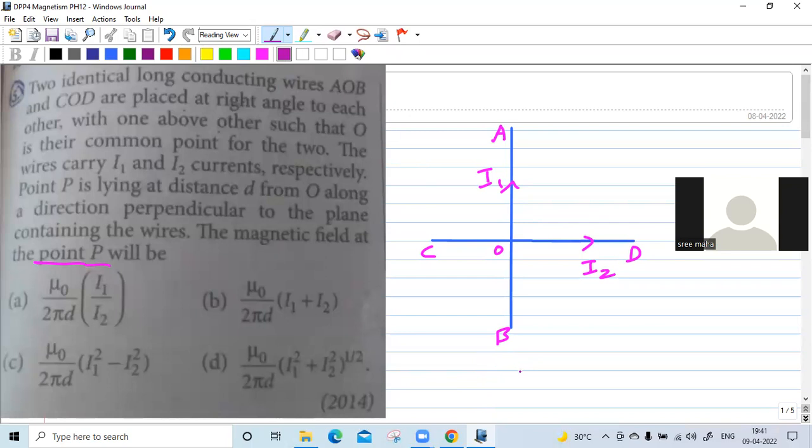For AOB, direction is reversed, no, sir? From A to B. Does it matter?